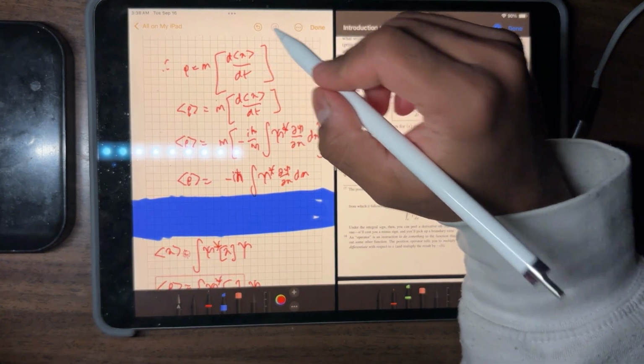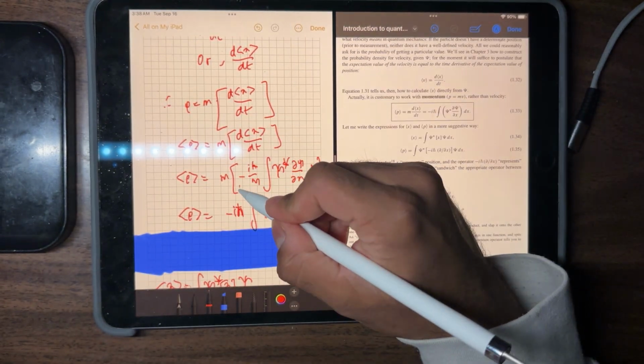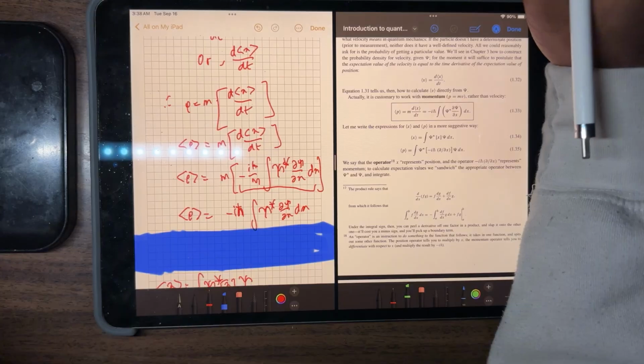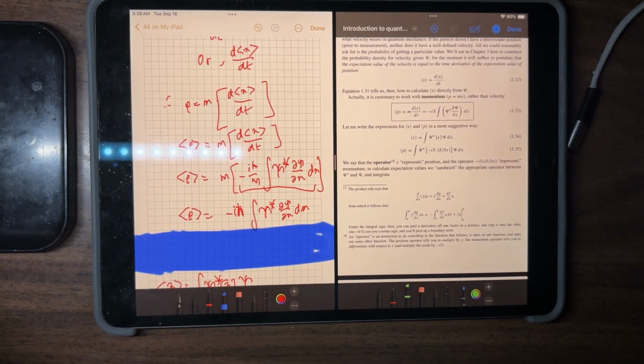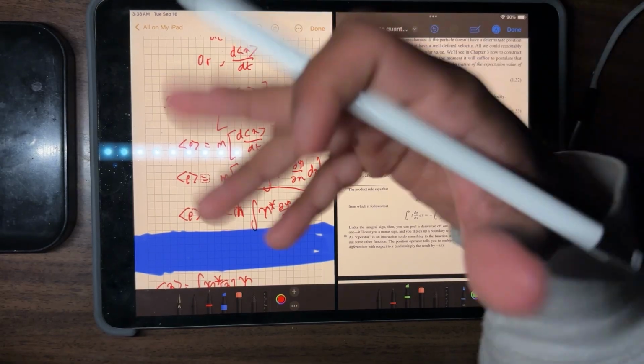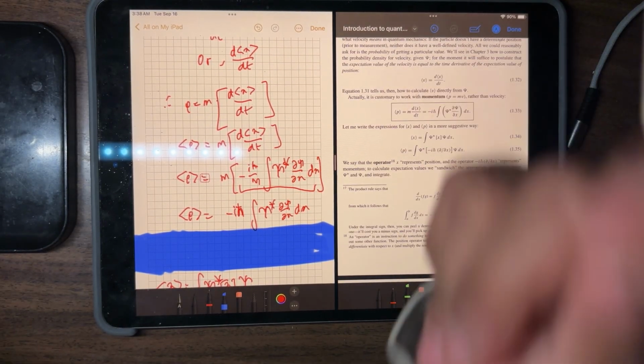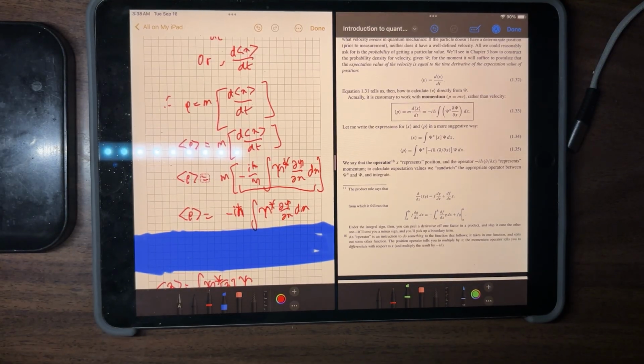But then d expectation value of x by dt is this here, minus iota h bar integration of psi conjugate curl psi by curl x. So notably, you'd have to add that wave function, but the expectation value of p in general does not have a wave function.